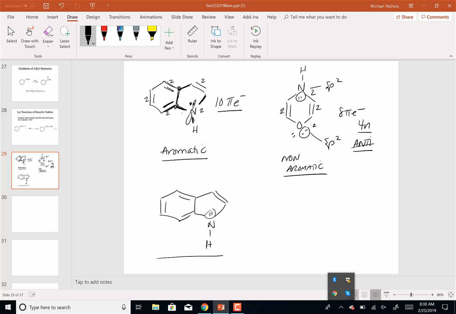So this nitrogen is not going to be basic. It's not going to bond an H+, because its lone pair is part of the aromatic system. So it's not available. I think in that context, they're talking about it being a base pair. And base does not mean the ability to pick up a proton.